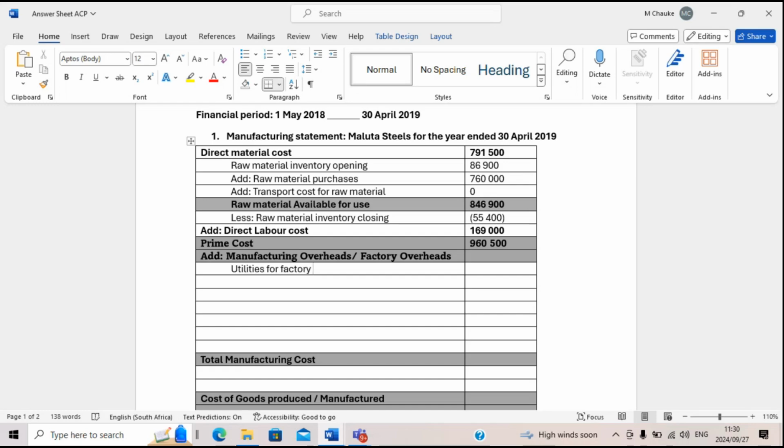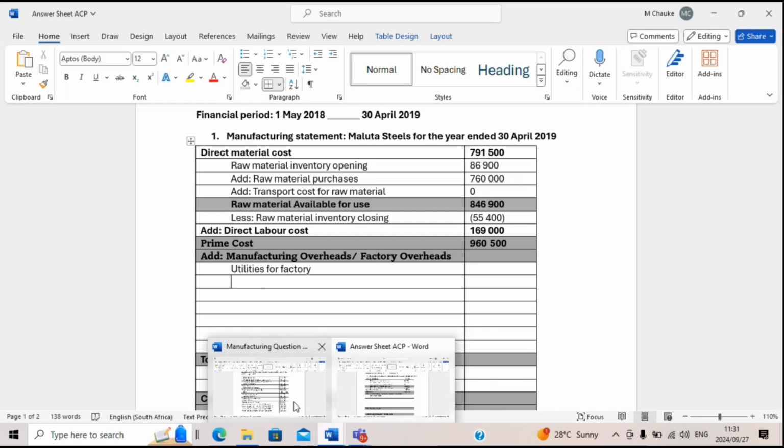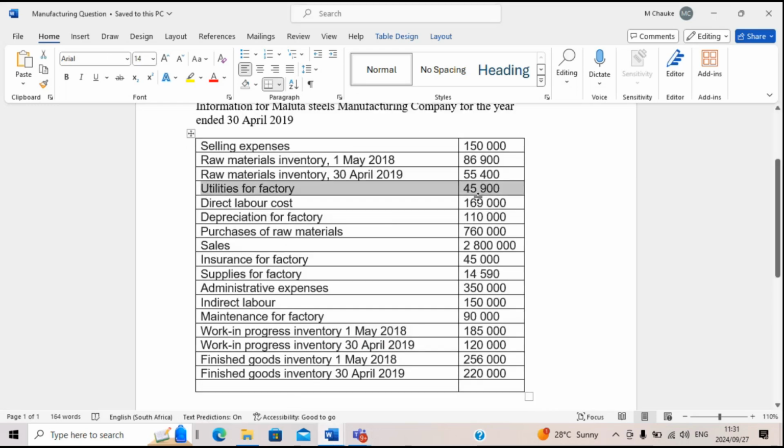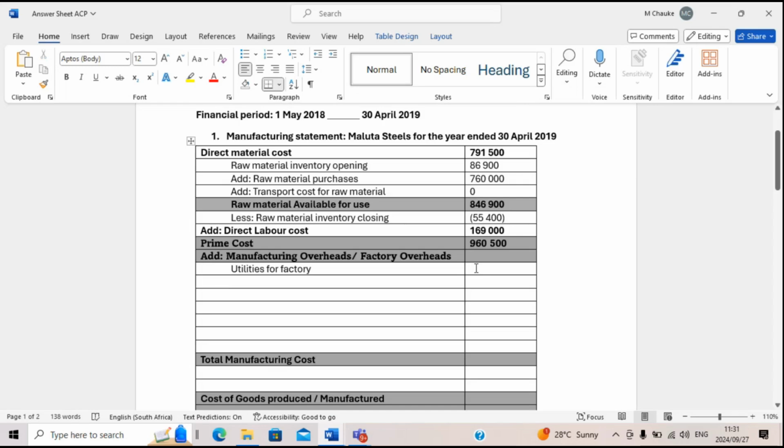How much was it? Let's go to the question and check. Utilities for factory is 45,900. So we say 45,900. That is utilities for factory.